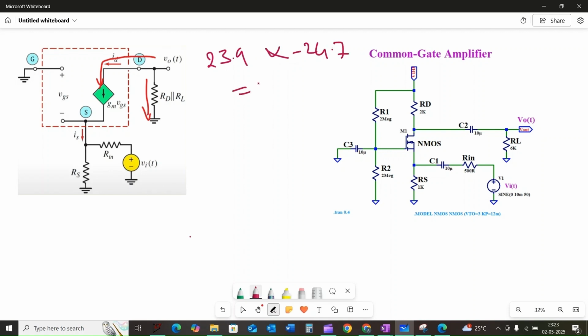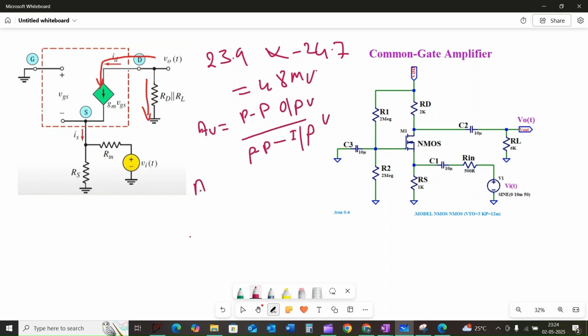By measuring the peak to peak value of output, it is approximately equal to 23.9 and minus 24.7, which is approximately 48 millivolt. So the voltage gain AV is equal to the peak to peak value of output voltage and the peak to peak value of input voltage, which is equal to 48 millivolt divided by 20 millivolt, which is equal to 2.4 as a voltage gain.